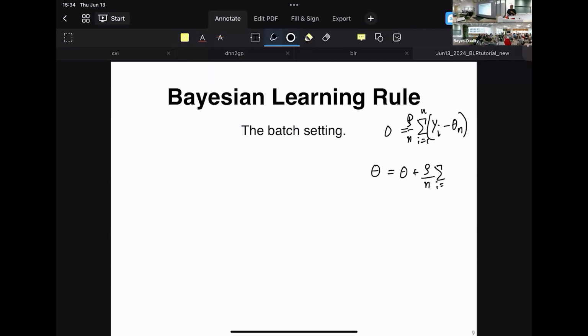And let's just add theta on both sides, and then make it like an algorithm. Like this is t plus 1, t, and then I am optimizing at t. And you can sort of see this converges to that place, right? It's just a different way to write it, right? I want to converge to the solution. This is the batch solution, right? I have all the data at once, and I can rewrite this in this way.